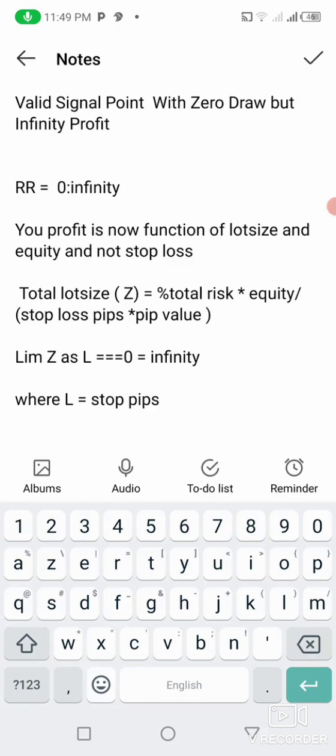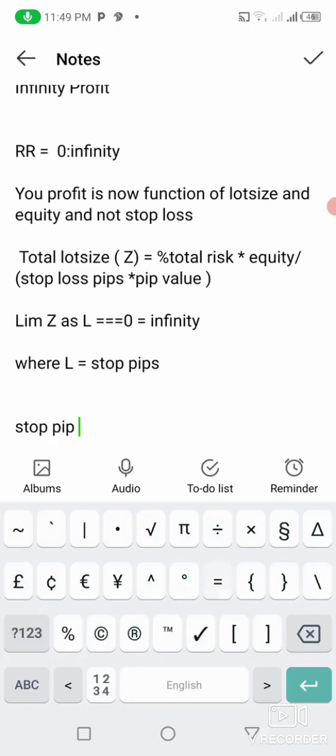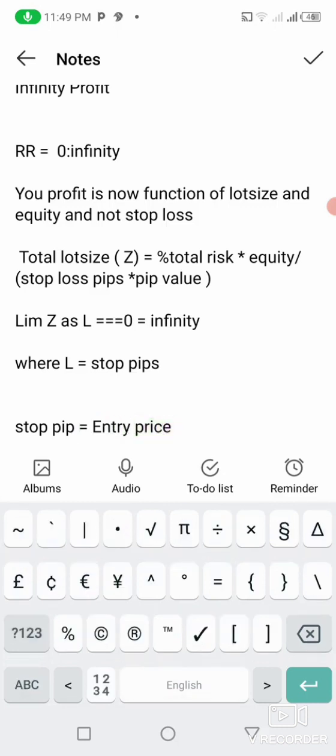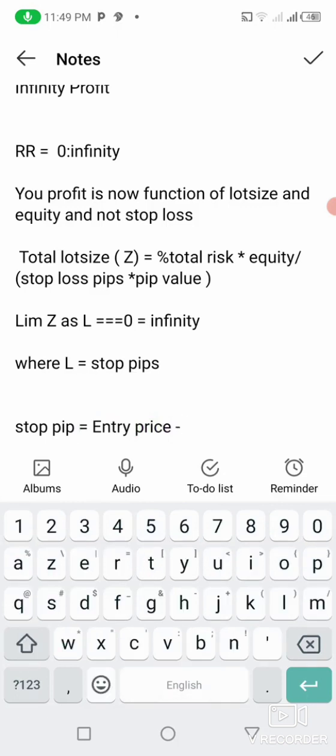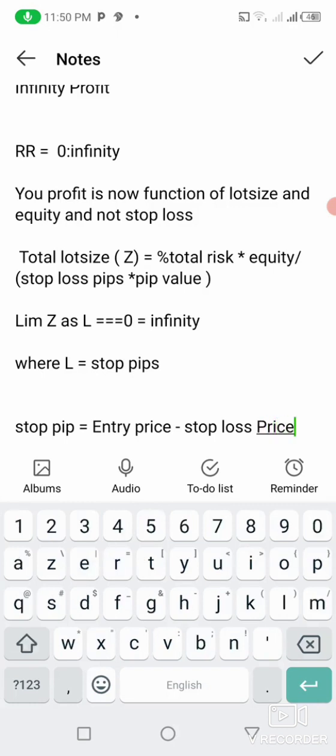The stop loss pip is equal to entry price minus stop loss price. It can be positive, it can be negative, but take the absolute value so that it's all positive.